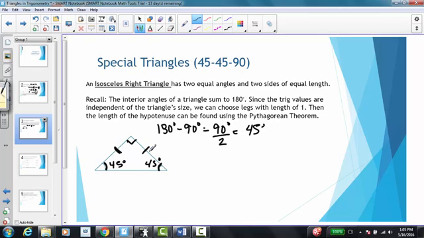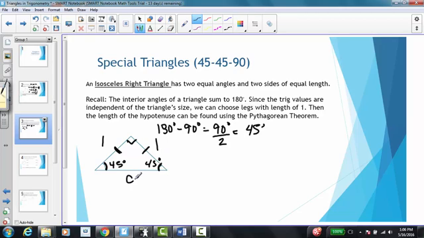Now, as we saw in the previous example, trig values are independent of the sizes of the triangle. So we can just choose whatever we want our legs of our triangle to be. In this case, I want to choose that each leg equals 1, and they have to be the same because it's an isosceles triangle. Then we can find the length of our hypotenuse.